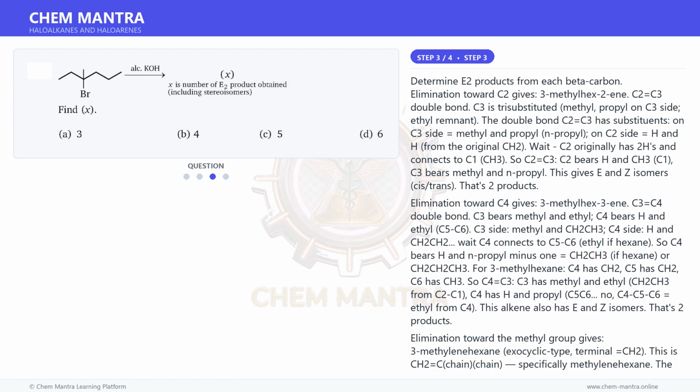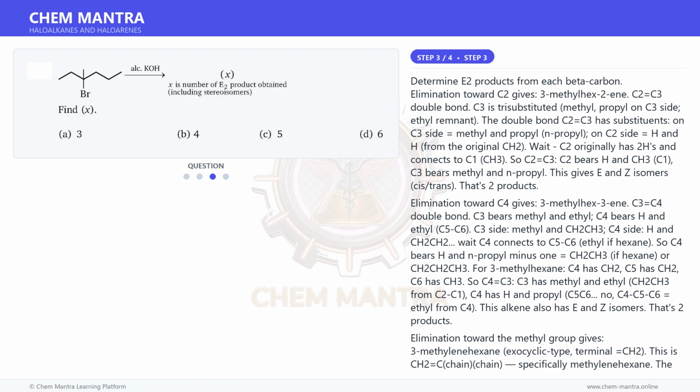For 3-methylhexane, C4 has CH2, C5 has CH2, C6 has CH3.